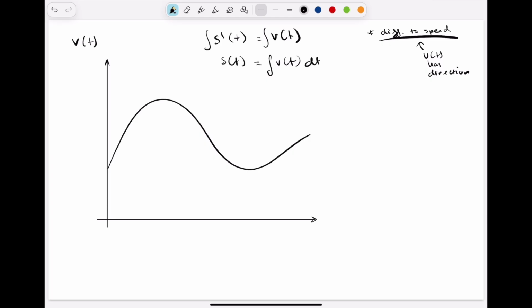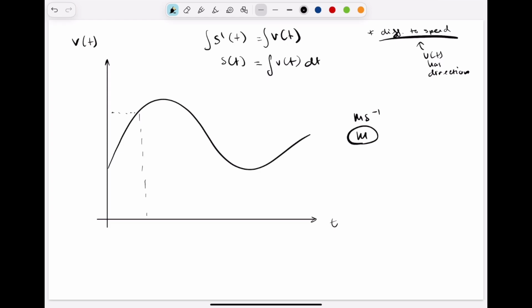Thus, if we want to go from velocity to displacement, you just integrate velocity. And again, looking at the units here, velocity is meters per second. When you integrate, you basically take away the second because you're integrating with respect to time. And you're just going to get meters, which is your displacement.